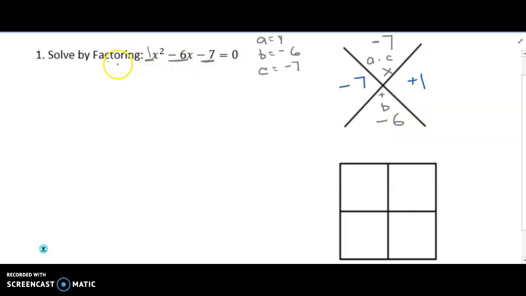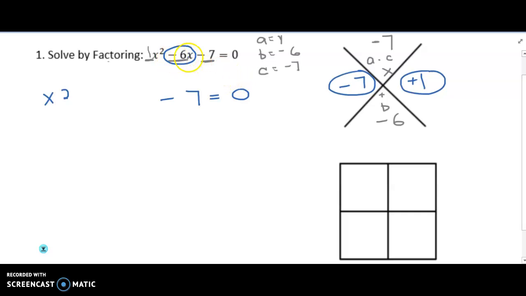What we're going to do here, and this might be kind of confusing, but hear me out, it'll make sense, is keep everything the same, but change this minus 6x and incorporate the minus 7 and the plus 1. So I'm going to rewrite this equation. My x squared stays the same. I'm going to leave some room. My minus 7 stays the same, and this equals 0.